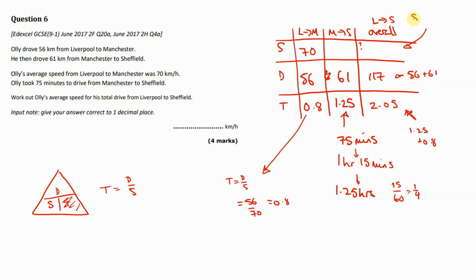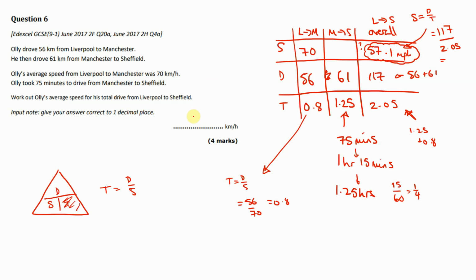So speed equals distance divided by time. Distance is 117. Time is 2.05. So 117 divided by 2.05. That gives me 57.1 miles per hour. So my answer there is 57.1 miles per hour.